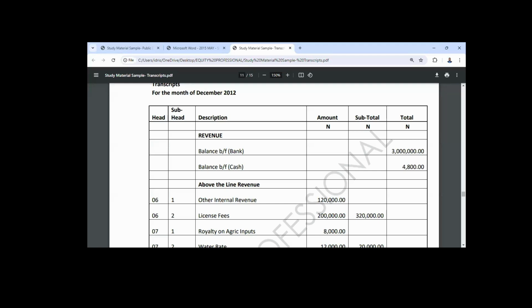When you are doing cash book, we have in our cash book a bank account and a cash account. In this transcript, both bank and cash will be posted together.